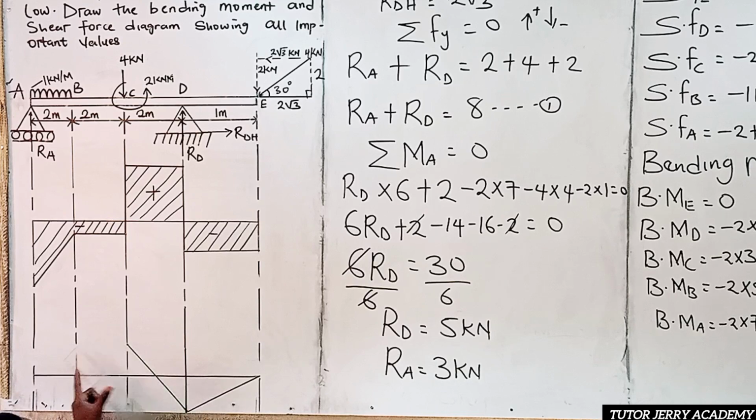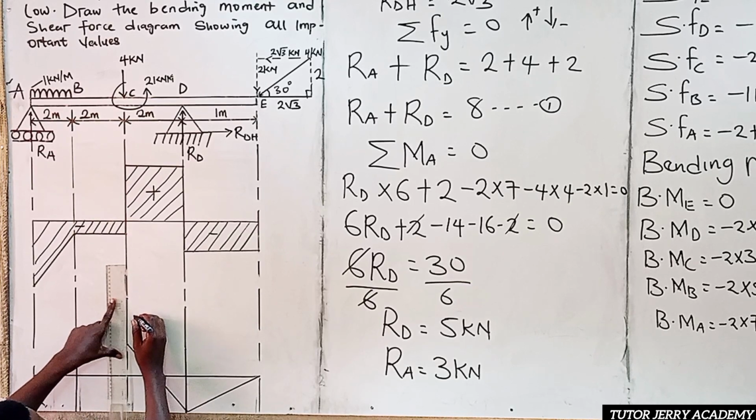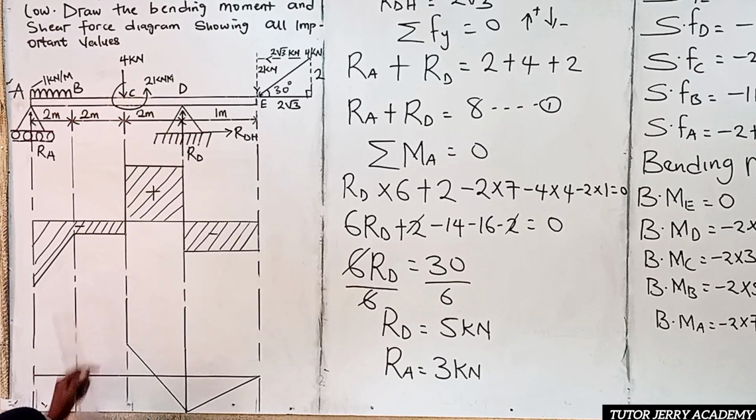All right, so when we now add the effect of that here, we now have 6. So we are moving down to 6. So we are joining this point to this point. All right, so that's it. So now at point B, which is this side, the bending moment at point B is 4, right?